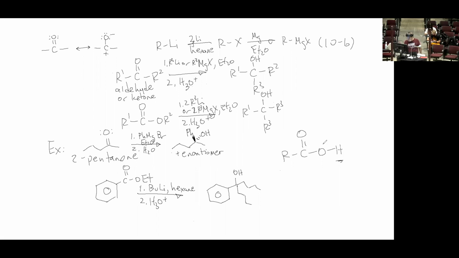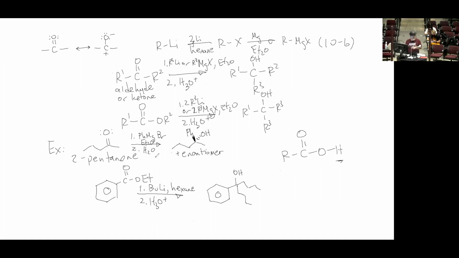Because carboxylic acids are protic species. There's your labile proton, your acidic proton. So it doesn't matter what R is, if you treat either a Grignard reagent or an alkyllithium with any carboxylic acid, regardless of what R is, you're not going to get this kind of addition reaction.